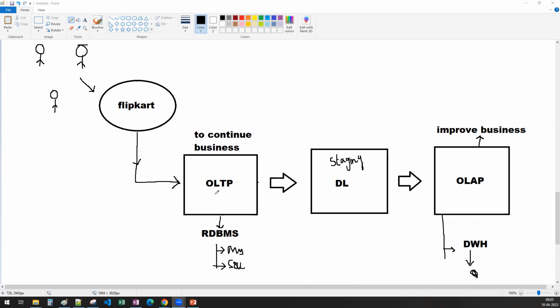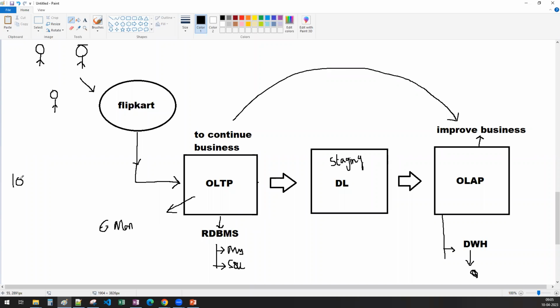That's what I will do: only the day-to-day activities I will store here. The historical data I will move from the OLTP to the OLAP using this data lake staging area. For example, if my business only needs the last 6 months of data, I will store only the last 6 months here.